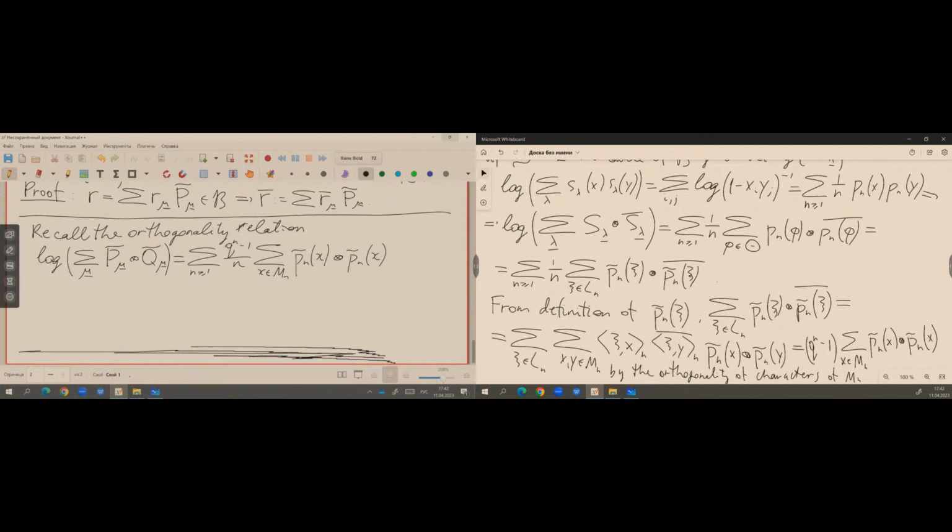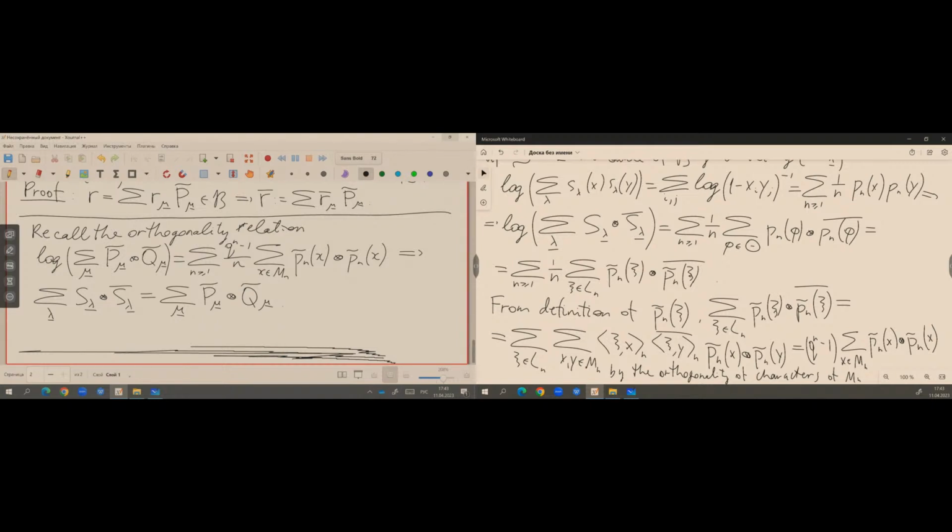So from this we get that the sum over lambda of s_lambda times s_lambda conjugate is the sum over mu of p tilde mu tensor q tilde mu.